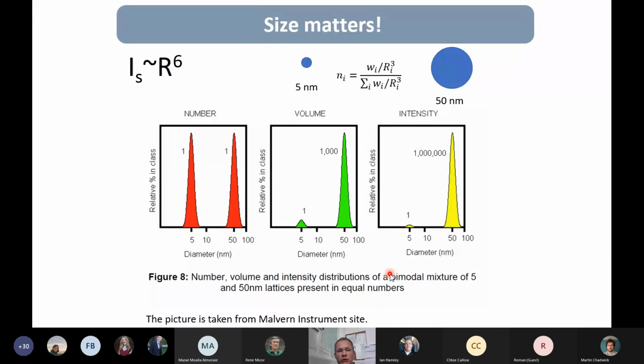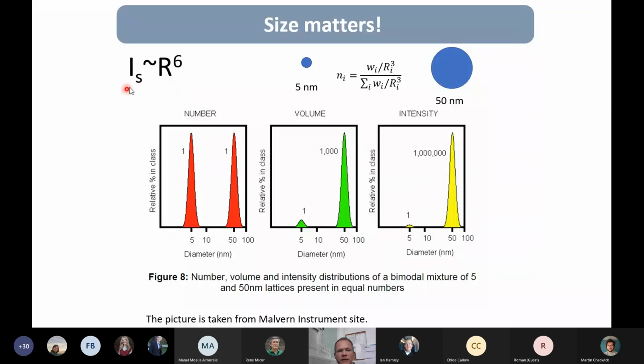So another issue that you have to remember when we're talking about the blindness of dynamic light scattering is that the intensity of scattered light, remember, is proportional to the number of particles, but it also depends on the size of particles. The bigger particles scatter much stronger than smaller particles.